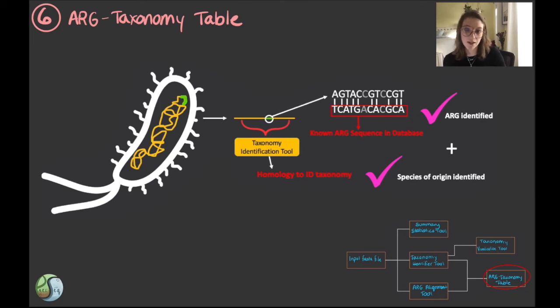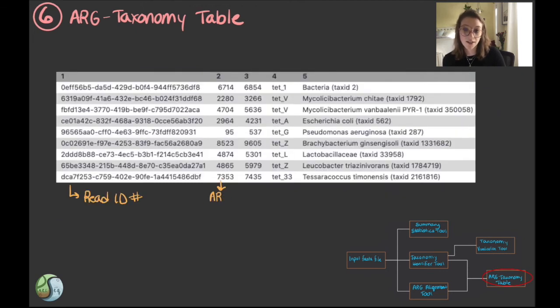We first scanned the entire FASTA file for regions that align to ARGs in our reference database. Then the FASTA file was scanned using a sophisticated algorithm that requires a ton of computing power to look for various sequences that are characteristic of different taxonomic groups. The next bioinformatics program merges the data from these earlier steps to link the taxonomic information with the ARG information to create this table.